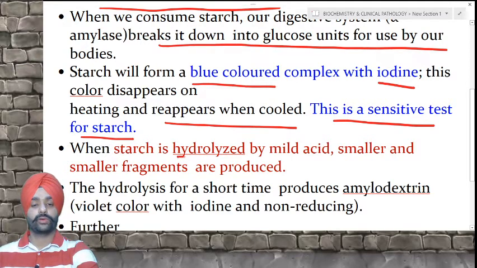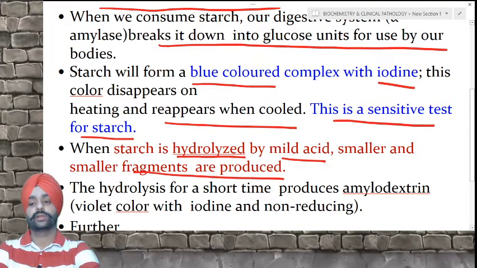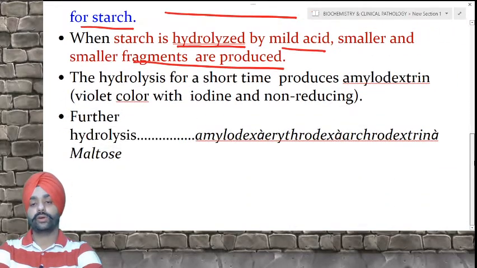When starch is hydrolyzed by mild acids, smaller and smaller fragments are produced. Hydrolysis for a short time produces amylodextrin, which gives a violet color with iodine.